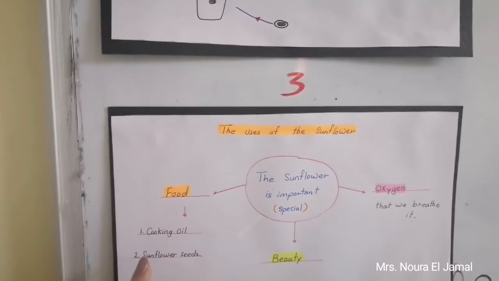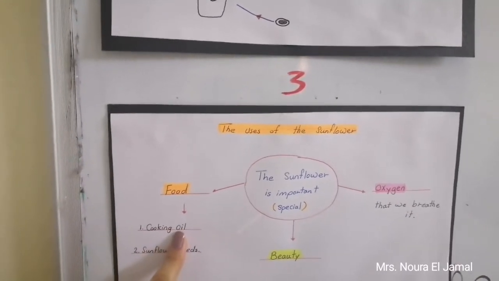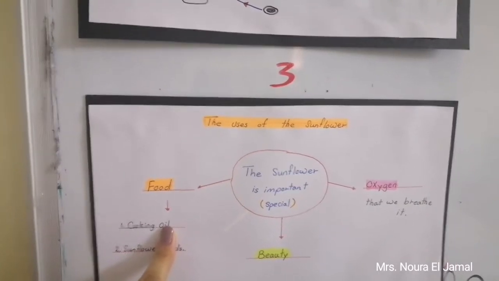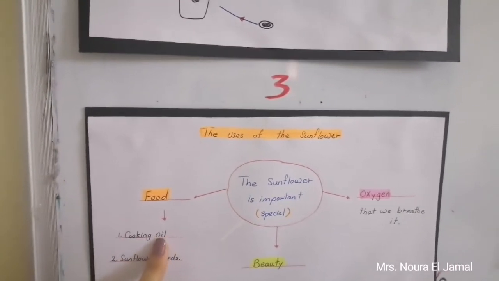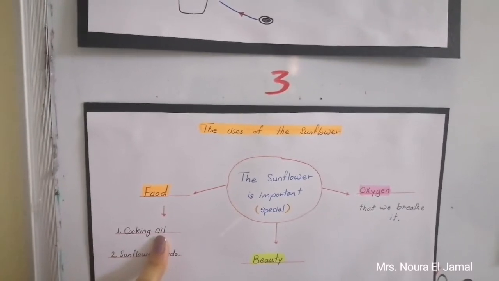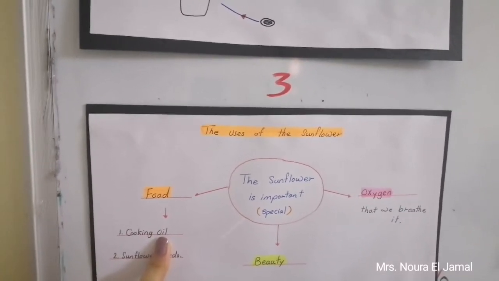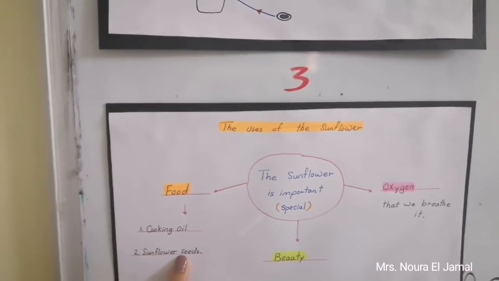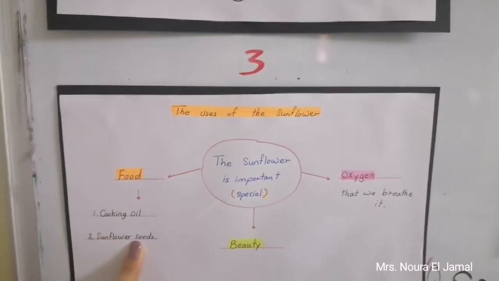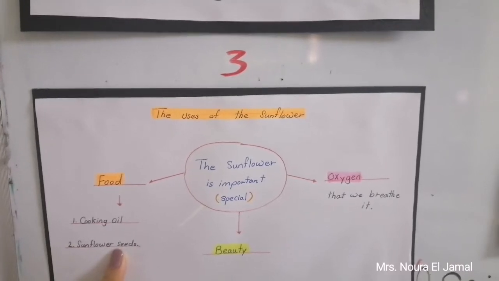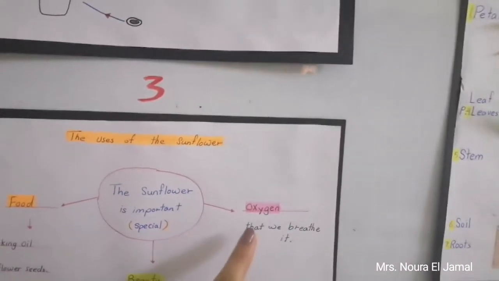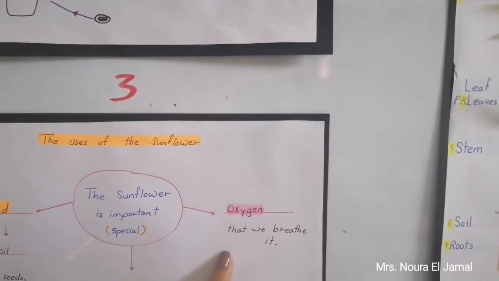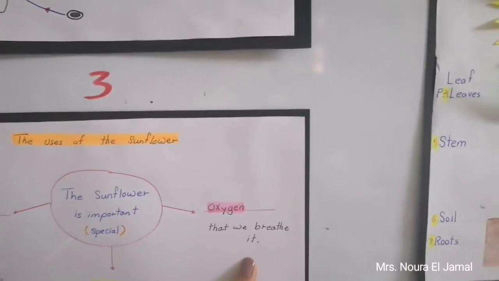Food, we can get cooking oil from the sunflower. Your mom can cook the food using it. Sunflower oil. And also we can get sunflower seeds. People like to eat them. Oxygen. Sunflower gives us oxygen that we breathe.